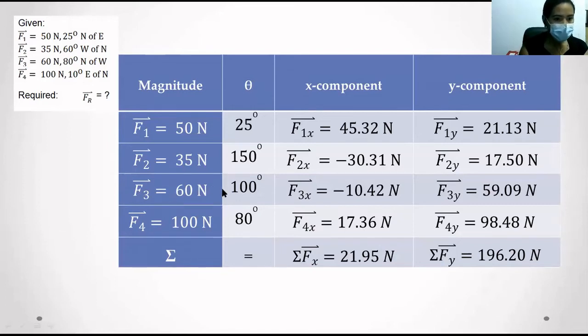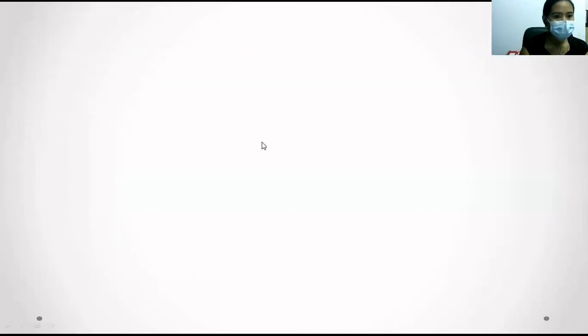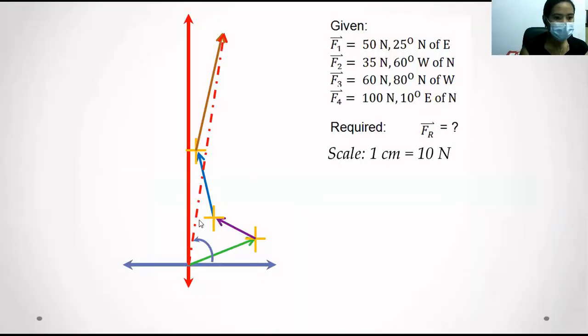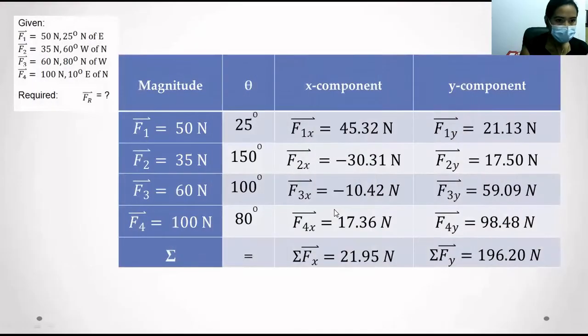For F sub 3, which is 60 newtons, 80 degrees north of west. Let's go back to our diagram, our third arrow. This is 80 degrees north of west, means 90 degrees plus 10 degrees, it's equivalent to 100 degrees. So our angle theta is 100 degrees.